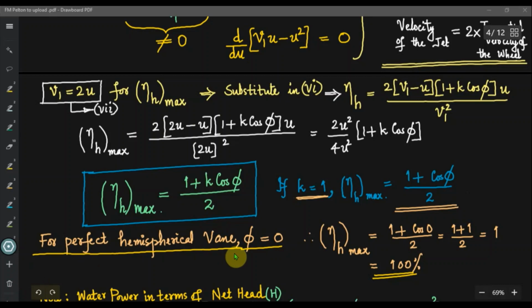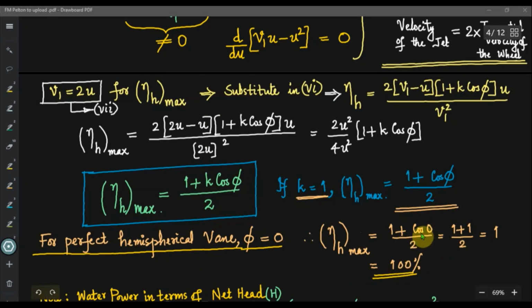For perfect hemispherical vane, the angle phi is equal to 0. Angular deflection is 180 degree. And if you substitute over here 1 plus cos 0 by 2, that is the maximum hydraulic efficiency when we use perfect hemispherical vanes on the Pelton turbine runner.